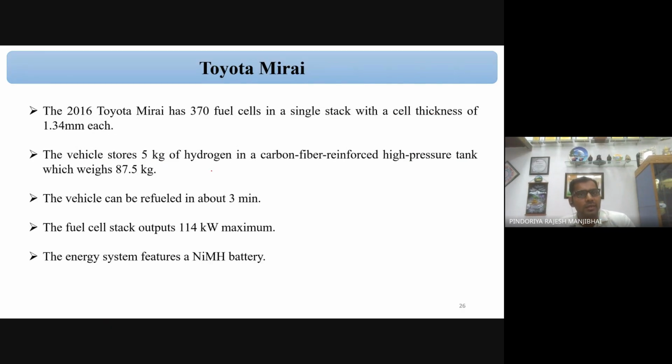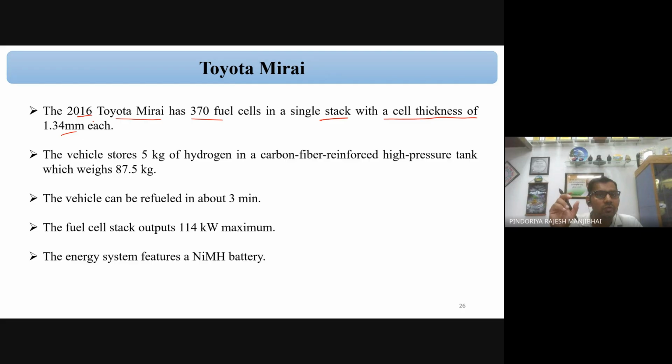So this is the practical example. As I said, in India, the Toyota Mirai works based on the fuel cell. Otherwise, we can say the hydrogen vehicle. This is a 2016 model, not the latest, about 9 years back. The 2016 Toyota Mirai has 370 fuel cells in a single stack with a cell thickness of 1.3 mm each.